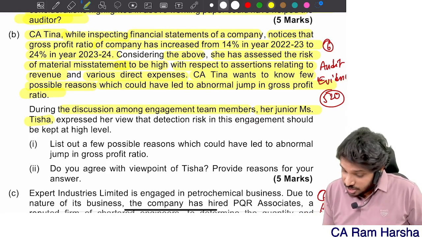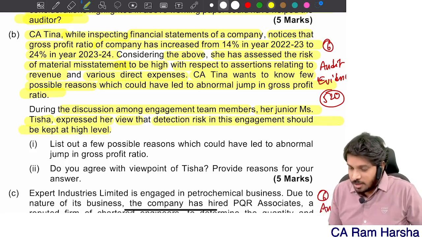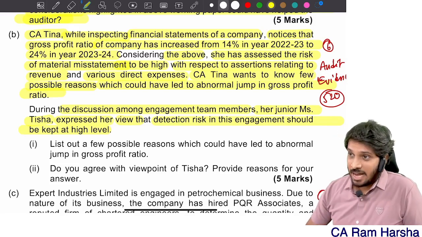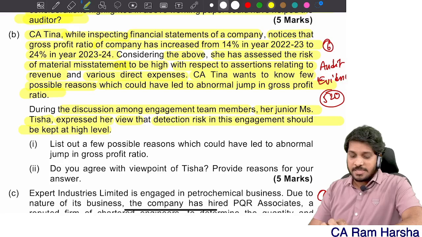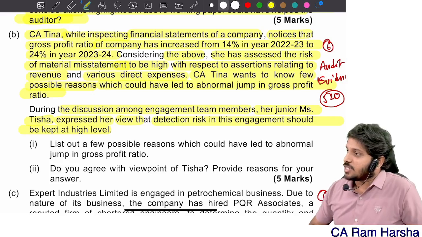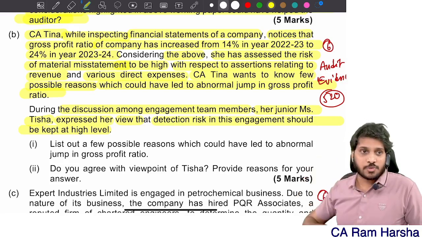Her junior Trisha explained her view that detection risk in this engagement should be kept at a high level. When the risk of material misstatement is high, generally detection risk is low. Risk of material misstatement high means what? Here there is an abnormal jump in gross profit.